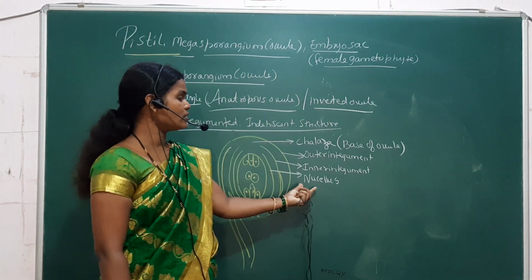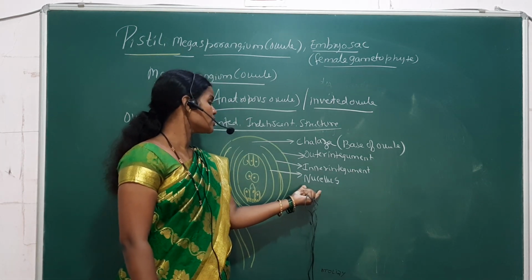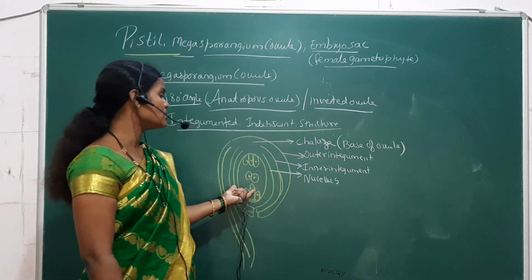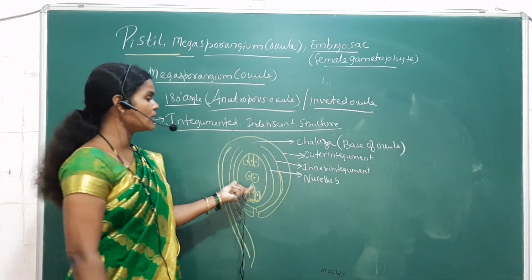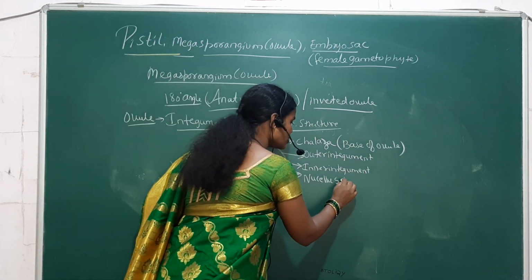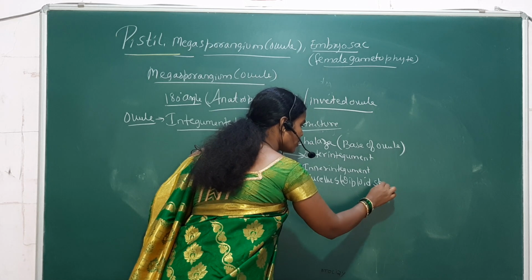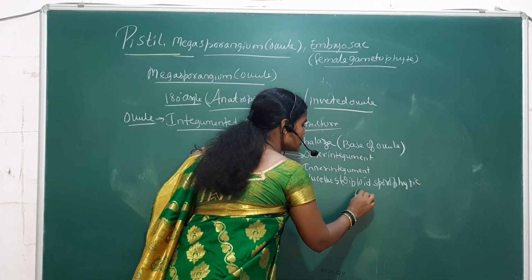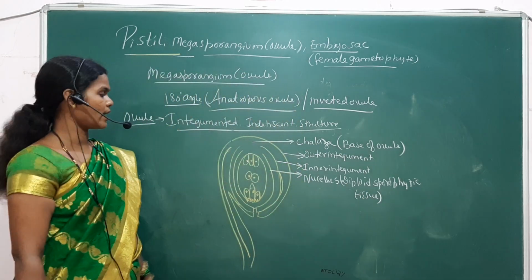So what is nucellus here? It is a diploid sporophytic tissue consisting of parenchymatous cells, and it provides nourishment to the embryo sac.